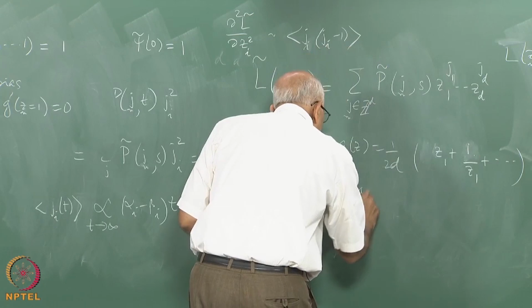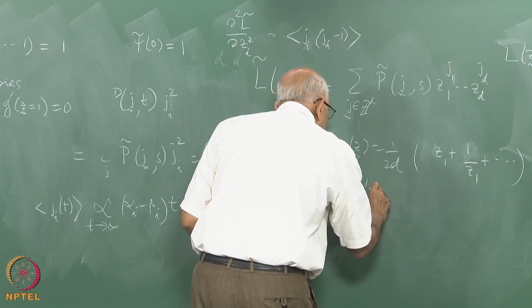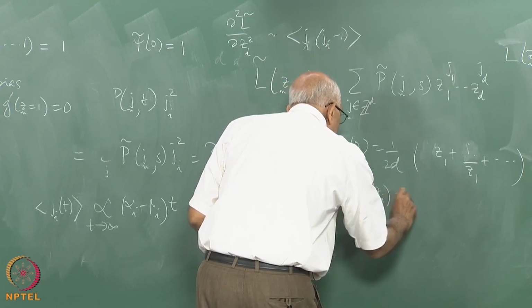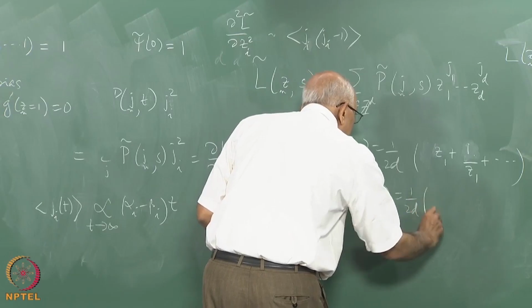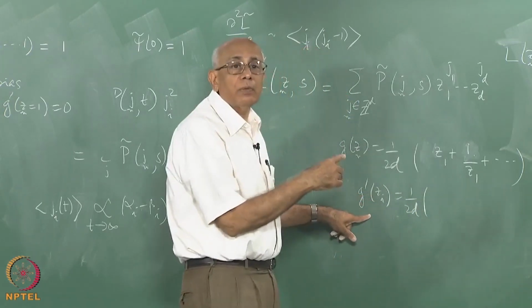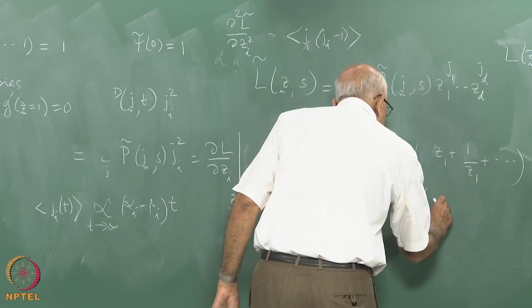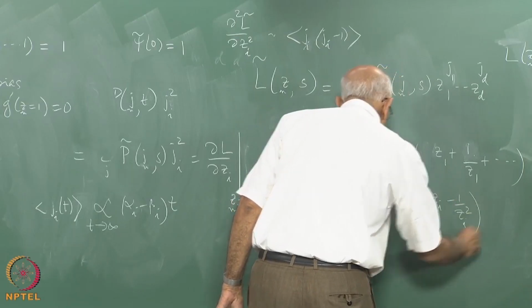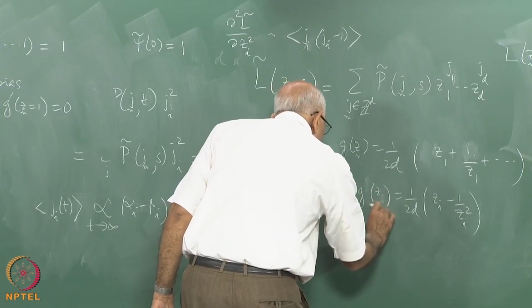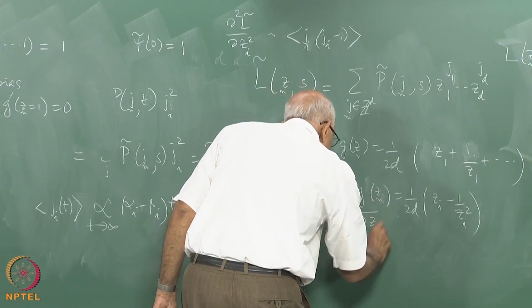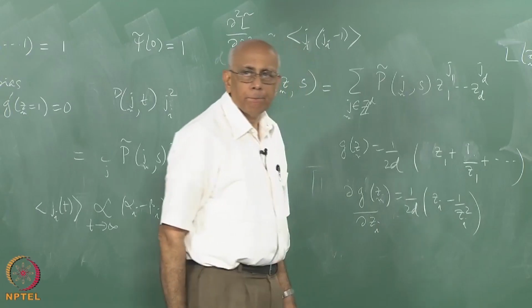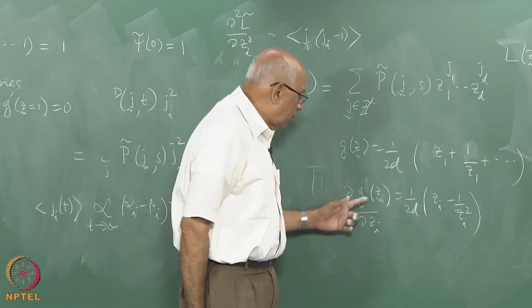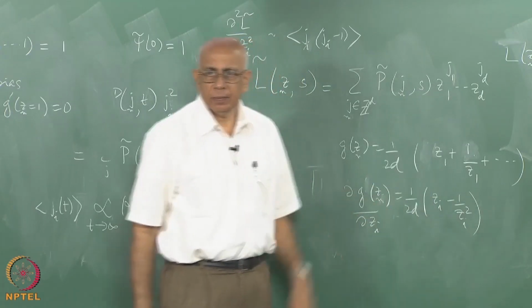If I differentiate this, g prime of zi equals 1 over 2d. If I differentiate with respect to one of the z's, it is zi minus 1 over zi squared. This is delta g over delta zi. So g prime, if I put z equal to 1, vanishes at that stage.